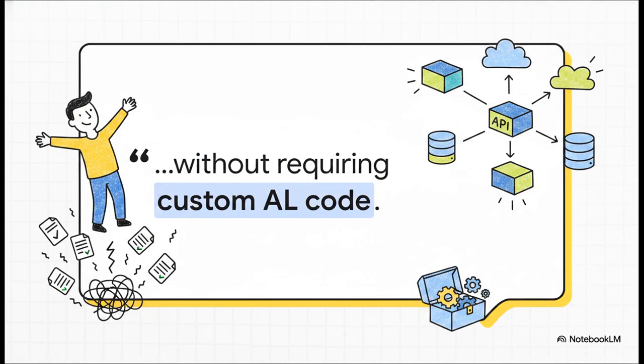To quote the update directly, integrations built on Power Automate or Logic Apps no longer require custom AL code. The relief here is real, guys. The days of fighting the system or writing custom AL code just to retrieve a specific document type are finally over. By expanding the API footprint this significantly, Business Central is empowering you to create much more robust, stable integrations right out of the box.